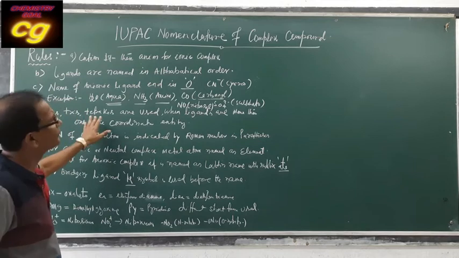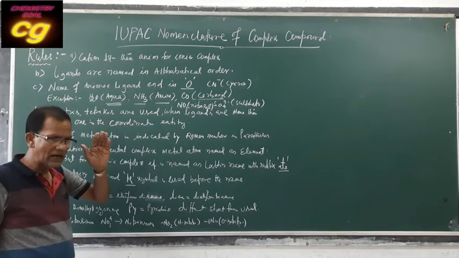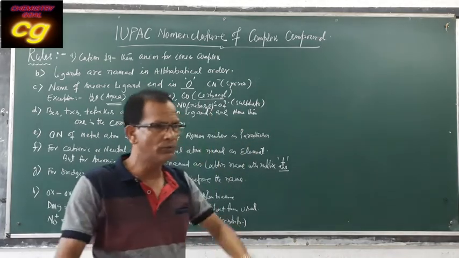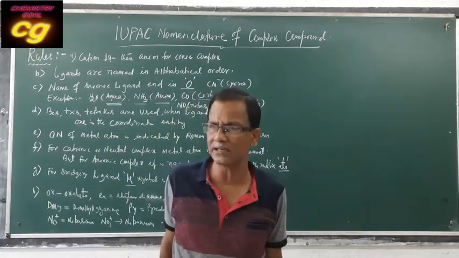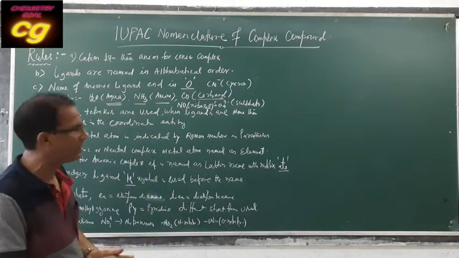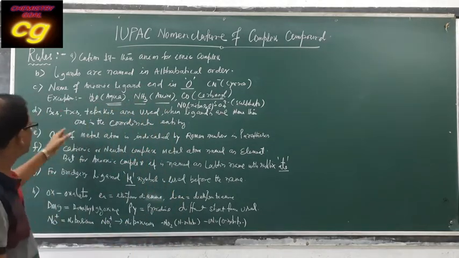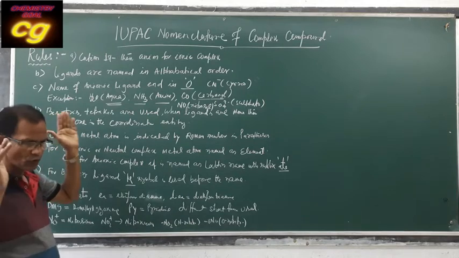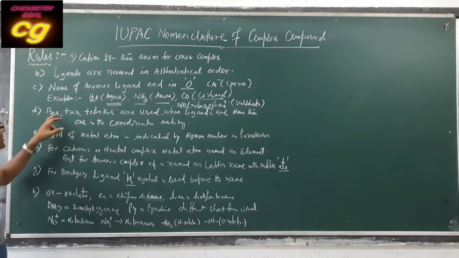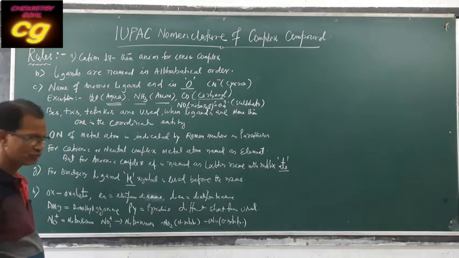Then if more than one ligand of the same kind is used, we use di, tri, and like this. If more than one is used, then we can use the terms bis, tris, tetrakis.